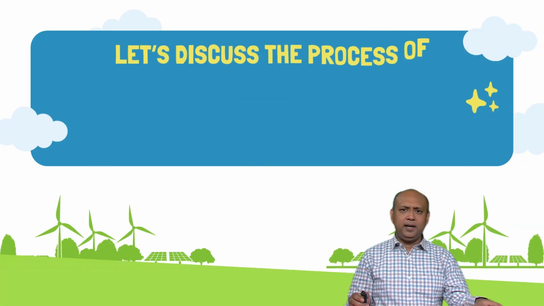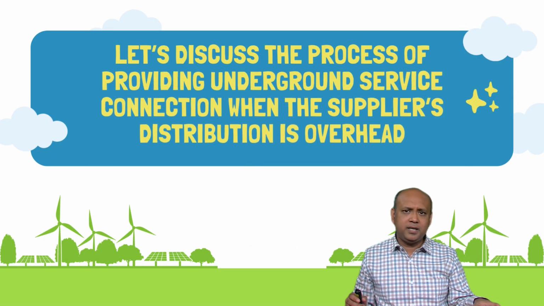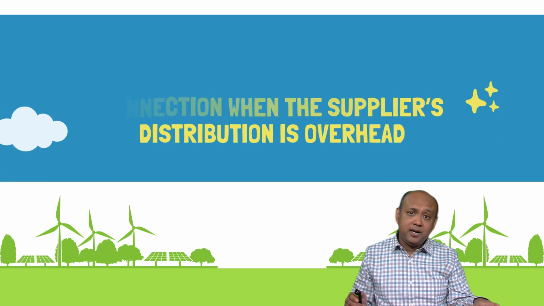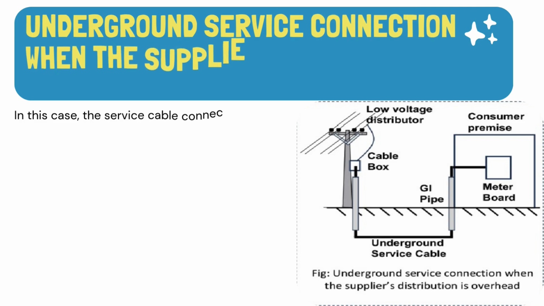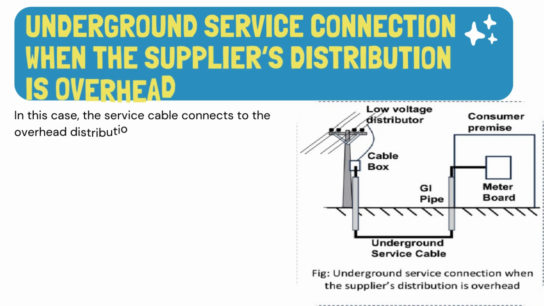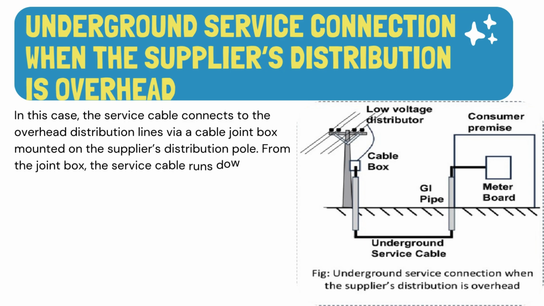Next, let's discuss the process of providing underground service connection when the supplier's distribution is overhead. In this case, the service cable connects to the overhead distribution lines via a cable joint box mounted on the supplier's distribution pole.